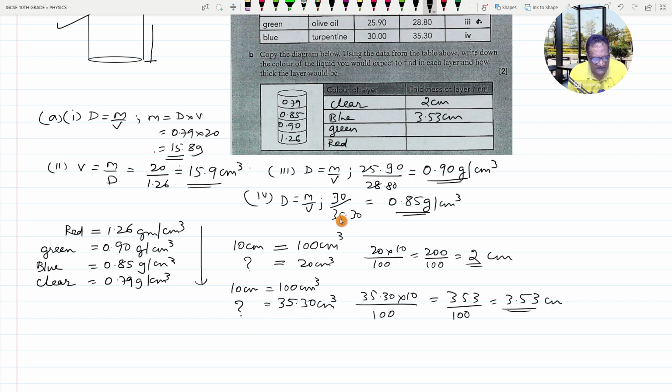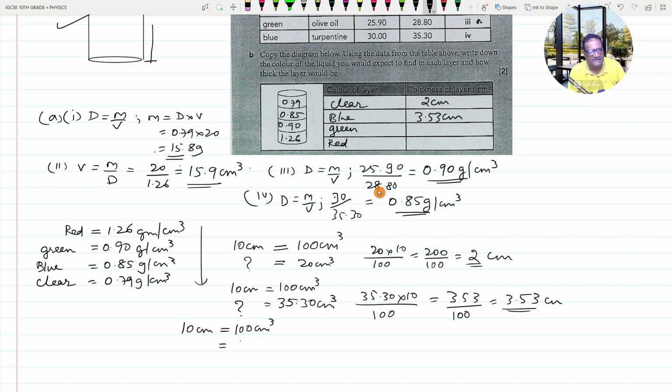Next one is the green liquid. For the green liquid, green corresponds to 0.90 density. Okay, so green is the third one, whose density is 0.90. So the volume for that is 28.80. So again, 10 centimeter height corresponds to 100 centimeter cube volume. So what will be the height for 0.90? What was the volume?